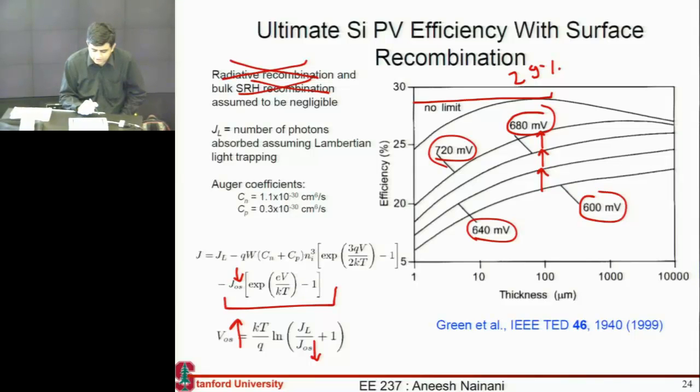So whenever you reduce your recombination mechanisms, you see that your open circuit voltage shoots up. Okay. So if you try to reduce these recombination mechanisms both at the surface and the bulk, you'll see most of the gain coming in the form of an open circuit voltage increase. Okay.